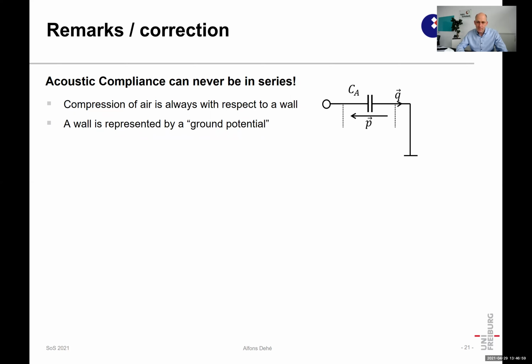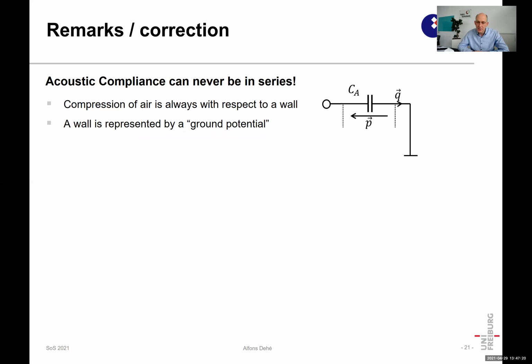Okay, we have been dealing with this acoustic compliance. And there is a rule in acoustics that whatever is acting, fluidic losses together with accelerated masses, is always acting on a wall, so to say.